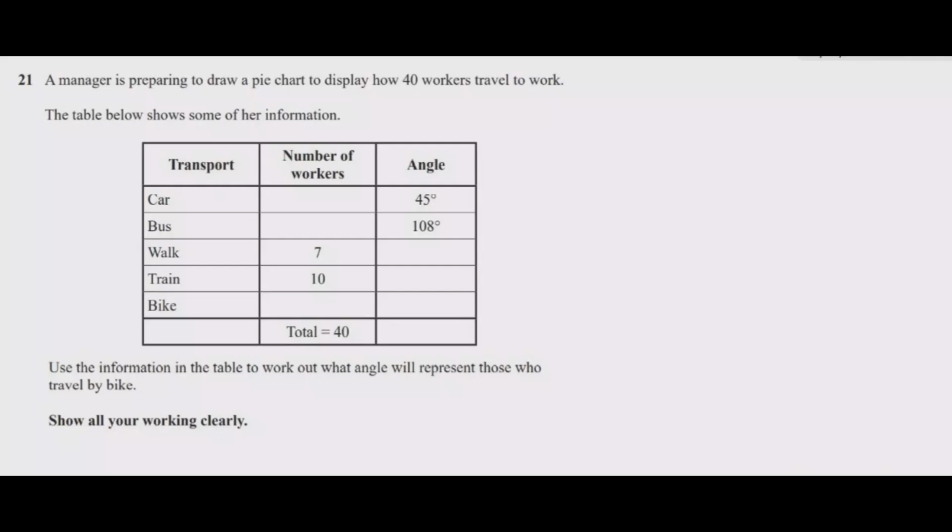Now the actual question is, use the information in the table to work out what angle will represent those who travel by bike. Now here we want to find the angle of people who come by bike, but you can see that the number of workers is not given.